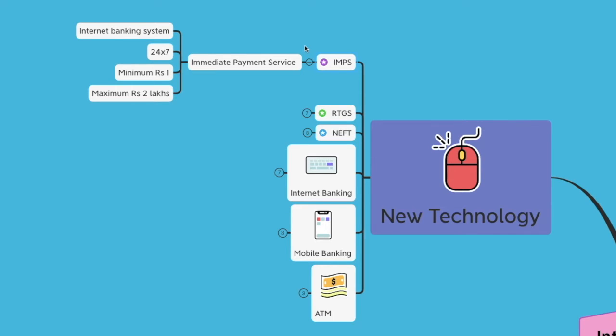You can use it on your laptop as long as you are registered with the bank for internet banking services. You can use this 24/7. Now with the IMPS, the minimum transaction you can do is 1 rupee to a maximum of 2 lakh rupees. Okay, I repeat that again. Minimum 1 rupee to maximum 2 lakh rupees.